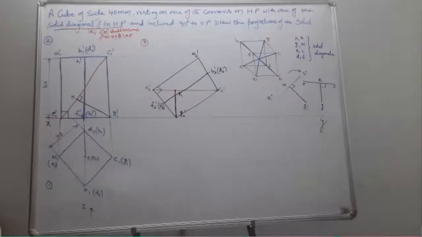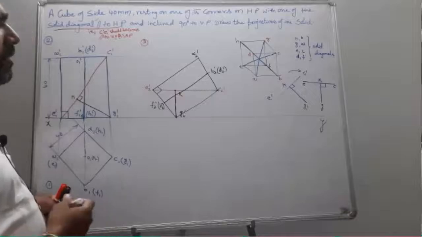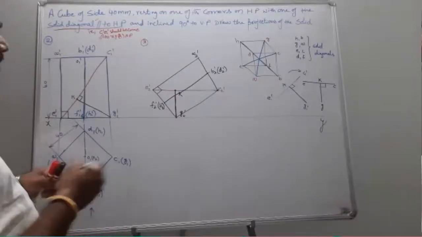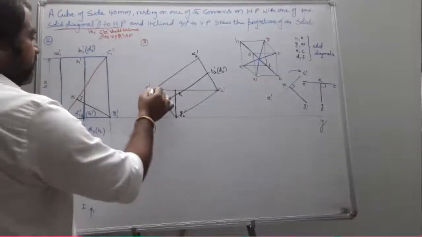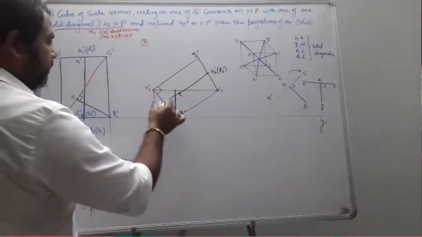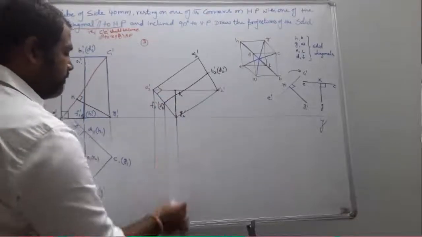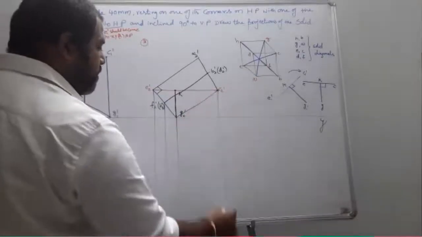Now I just require my top view. How can I obtain my top view? Simply draw the vertical projectors from the obtained front view. Okay, and draw the horizontals from the previous top view.